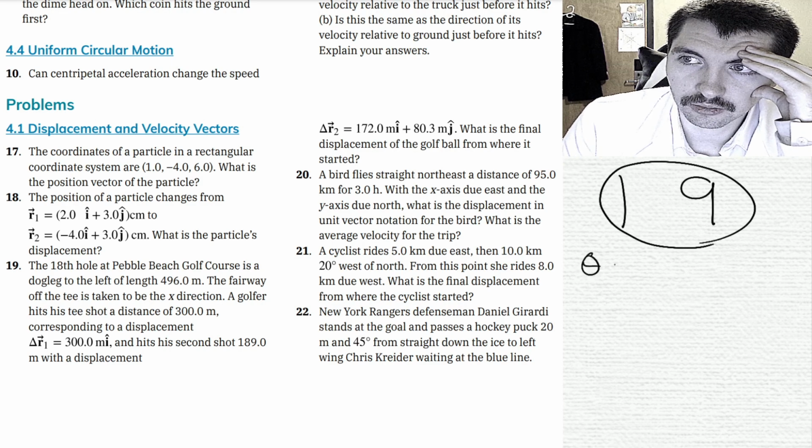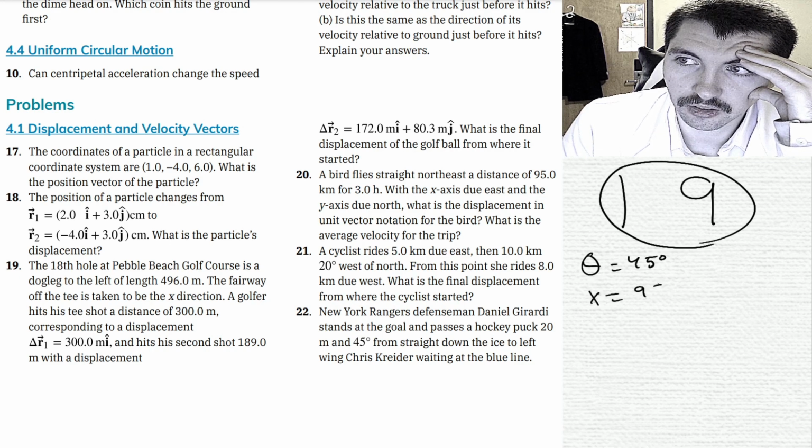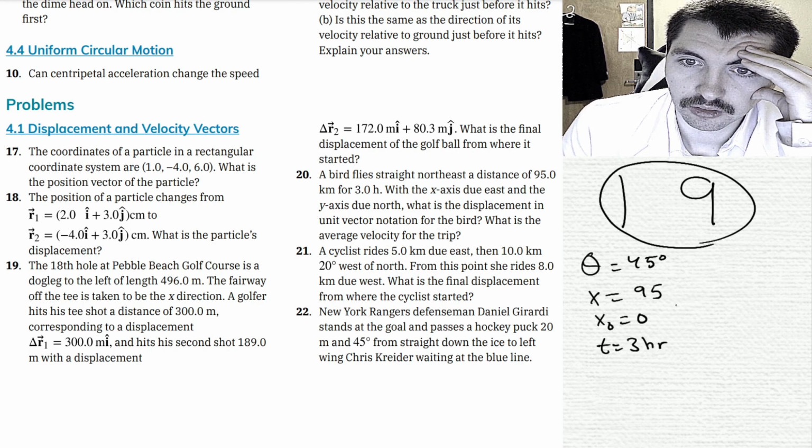So angle is 45 degrees. Distance x is 95. X naught is 0. Time 3 hours.